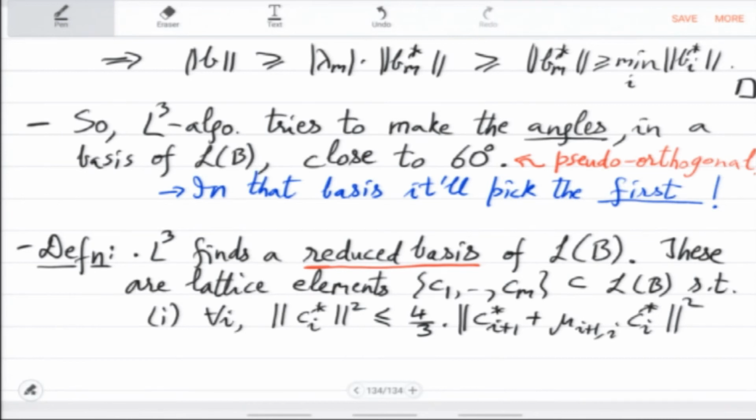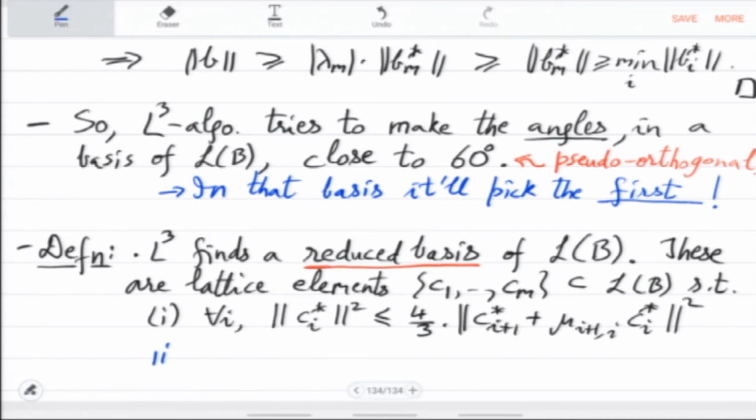So this is comparing the length of C2 with C1, and it is a way of trying to ensure that C2 is not much smaller than C1. The ratio is kind of 3/4. C2 should be at least square root of 3 by 2 times C1. It is a bit hard to motivate this. You will understand this only in the analysis.